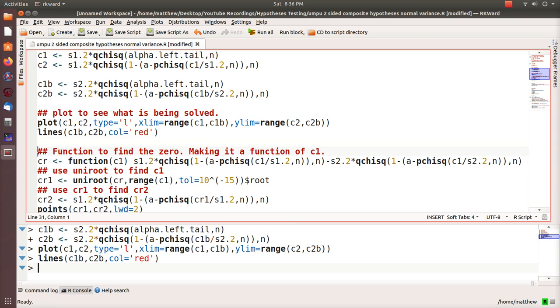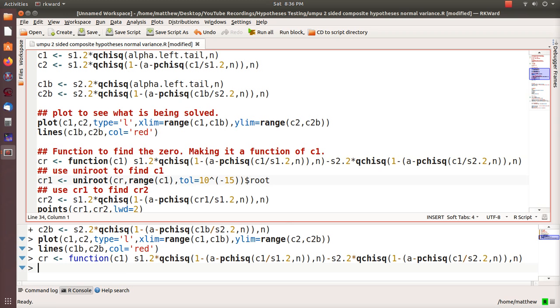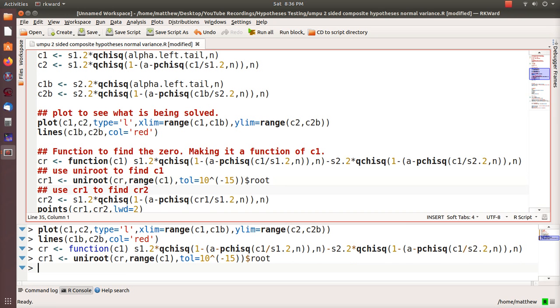So that's what this equation does. I create a function where I subtract the two functions. Then I take uniroot and solve for C1, and that's it.